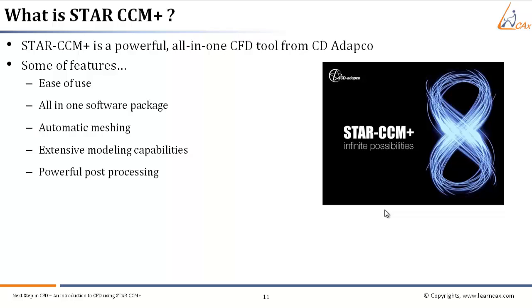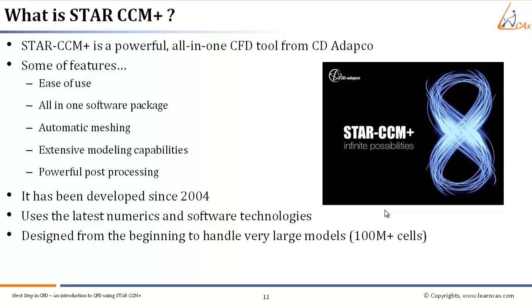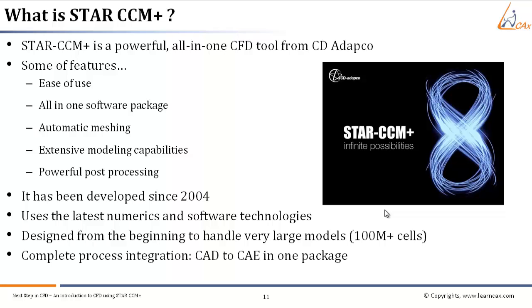It has automatic meshing, extensive modeling capabilities, and powerful post-processing. It has been developed since 2004, and it uses the latest numerics and software technologies, and it is designed from the beginning to handle very large models, above 10 million, above 100 million cells. And it is a complete process integration, which means you can go from CAD to results in one single package.